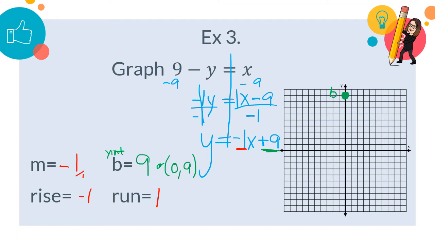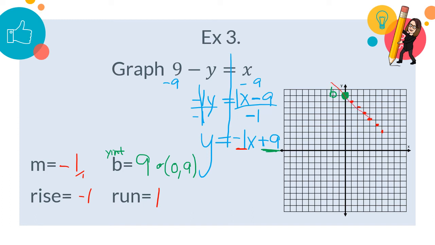You're going to rise -1, which means down 1, and you're going to run +1, which means right. Keep going. Down 1, right 1. My rule is 5 or fill. You could keep going if you wanted to, but I need at least 5 dots.